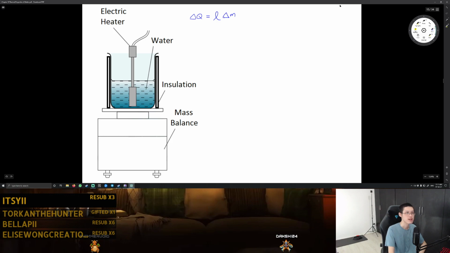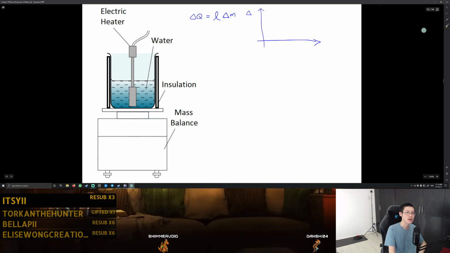Actually, let me just do it like this. If you were to plot a graph of delta Q against delta M, you would expect to get, hang on, let me do it like this: delta Q over M, where M is the current mass of the water.